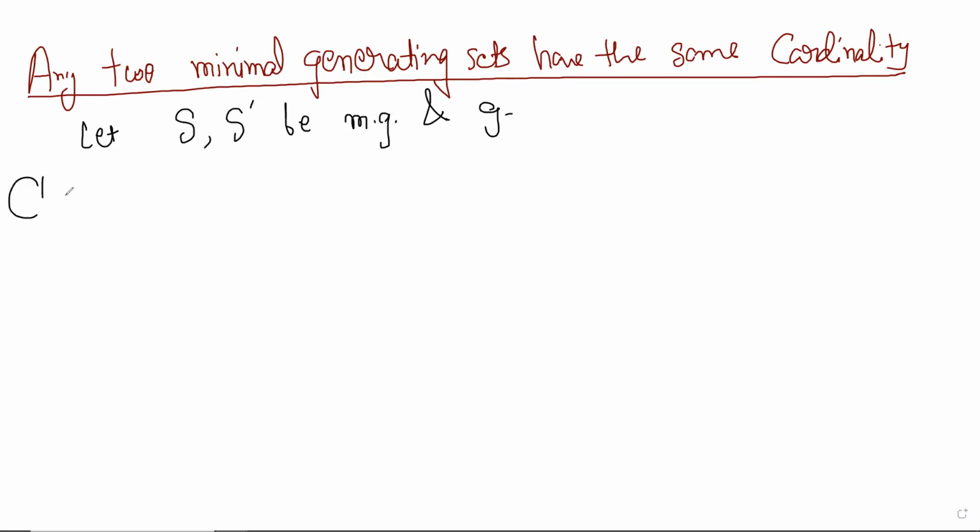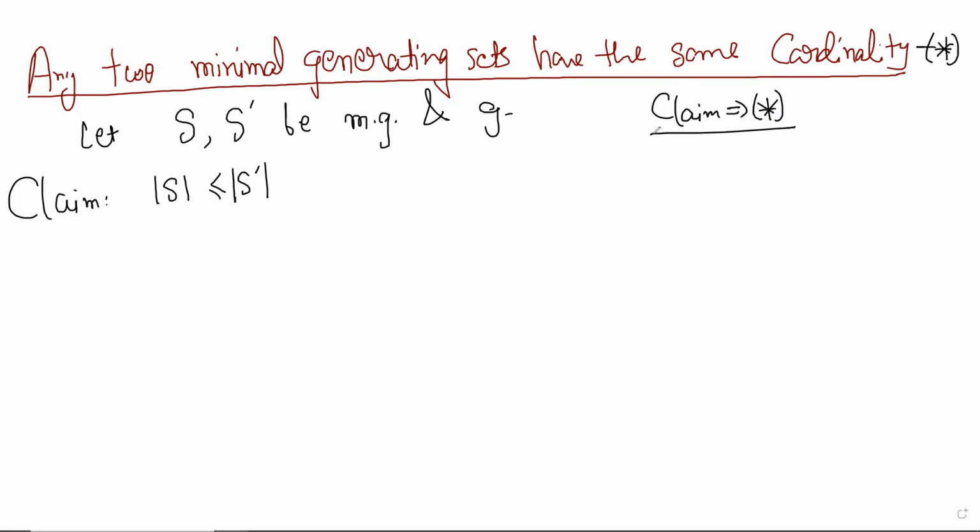Generating. And the claim is that the cardinality of S is the cardinality of S prime. And it is homework that this claim implies the lemma. It is a simple homework. Claim implies the lemma. That I'll not talk about now.